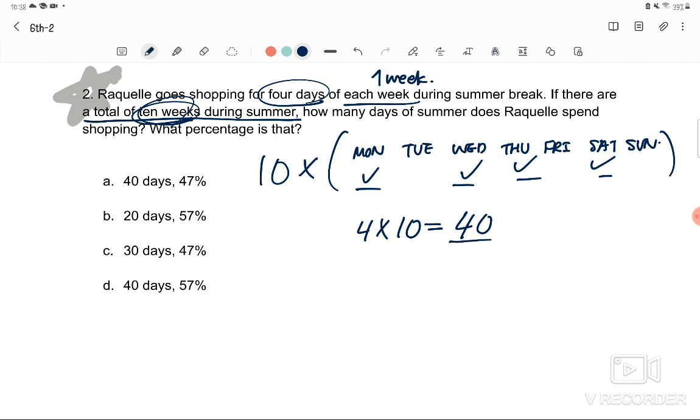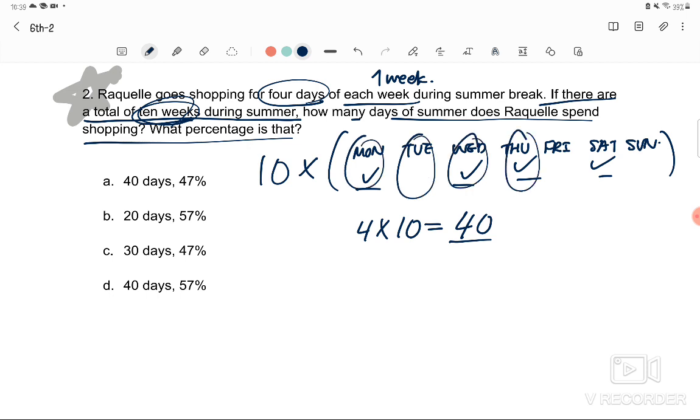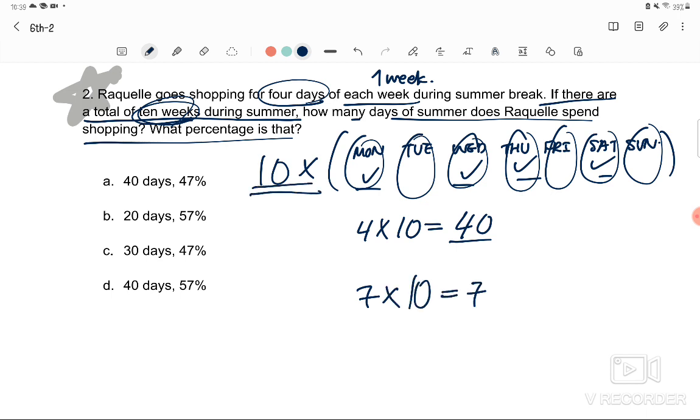And then you have to find the total number of days, not the shopping days, but the days that the 10 weeks contain, in order to find the percentage. So there are a total of 7 days, 1, 2, 3, 4, 5, 6, 7, right? 7 times 10 weeks equals 70.